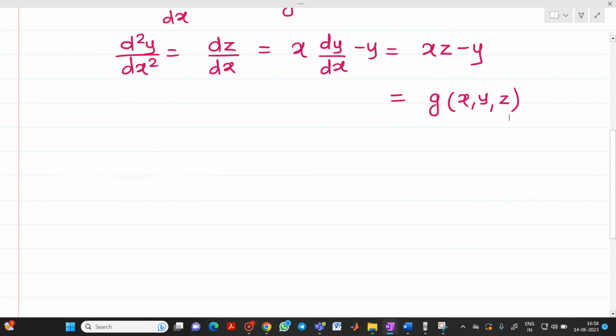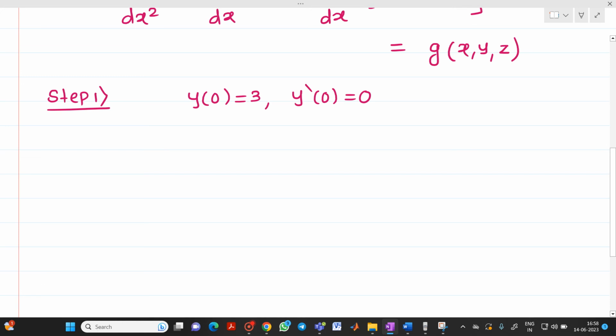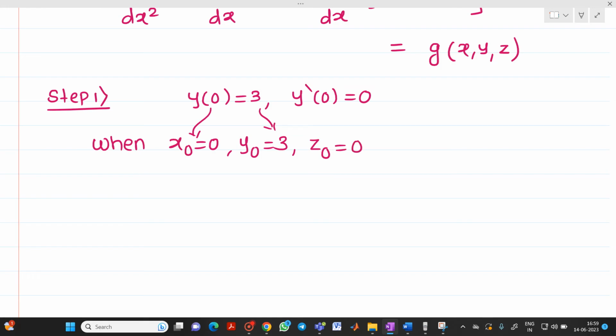Now we have to find it out. Step number 1. Given is y of 0 equal to 3 and y dash of 0 equal to 0. That means when x0 equal to 0, y0 will be equal to 3 and z0 will be equal to 0.